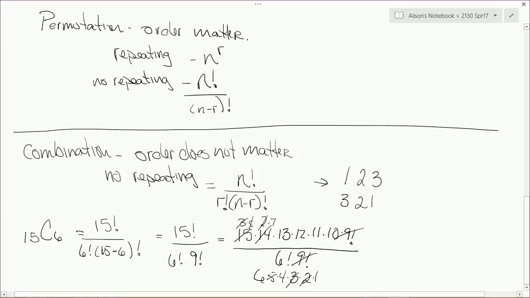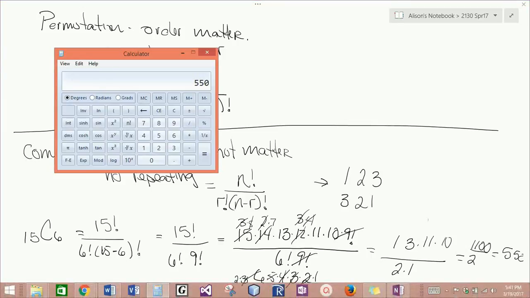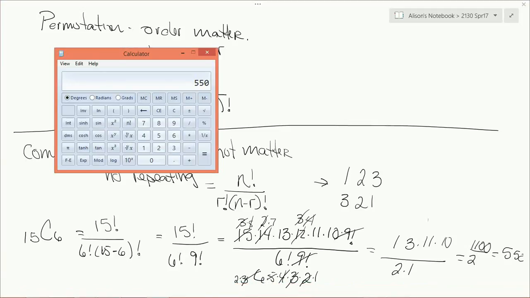I can see that 12 is actually equal to 3 times 4, so I could remove the 4. I can see that the 6 is actually 2 times 3, so I could remove that 3 and this 3. And what we are left with is 13 times 11 times 10 over 2 times 1. And ultimately this answer is 1100 divided by 2, which is going to be 550.